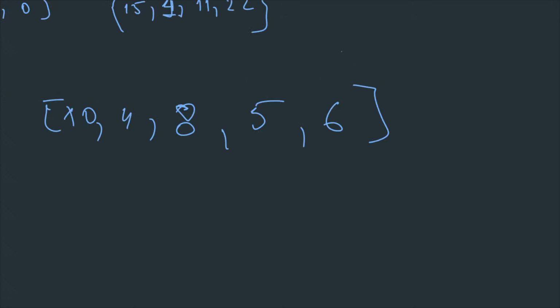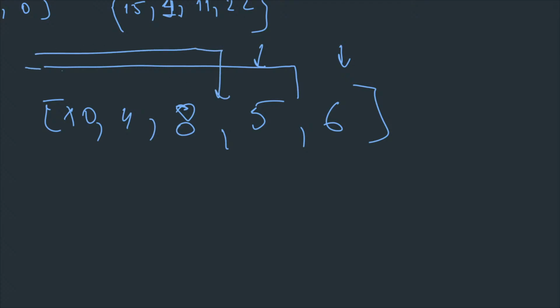For left, once you are at this index, you'll still need to get the sum of every other element here. And if you are at this index, you'll still need to get the sum of every element here. And if you are at this index, of here and here. So in the end, your recursion still will be called n minus 1 times, which will still be O of n.